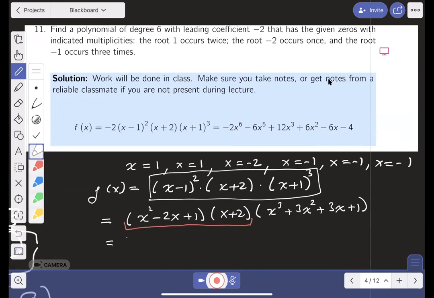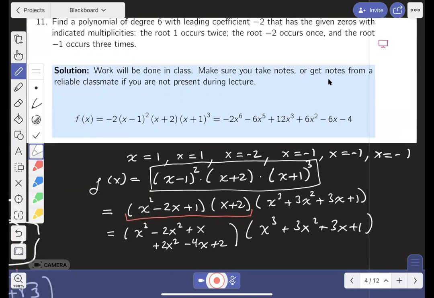And what do you get there? x cubed minus 2x squared plus x, plus 2x squared minus 4x plus 2. And I'll write this over here, x cubed plus 3x squared plus 3x plus 1.